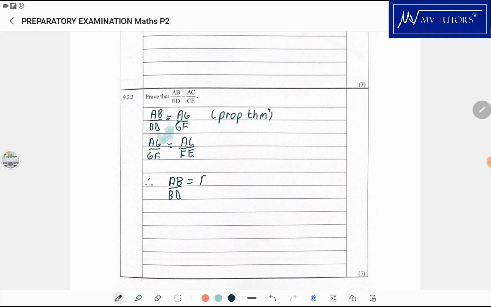They said AC over CE. Oh, they said CE. Did I make a mistake here and say FE? I meant CE on the bottom. This is CE, not FE. This one.